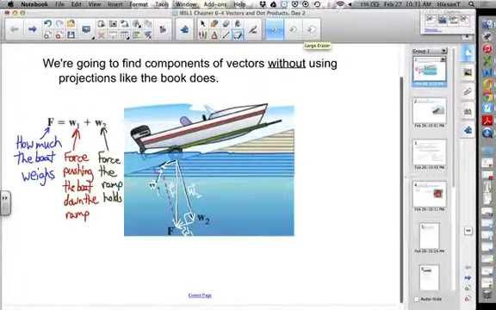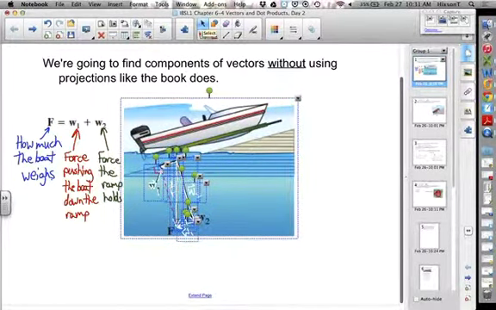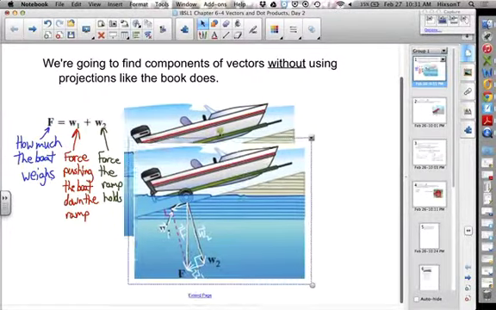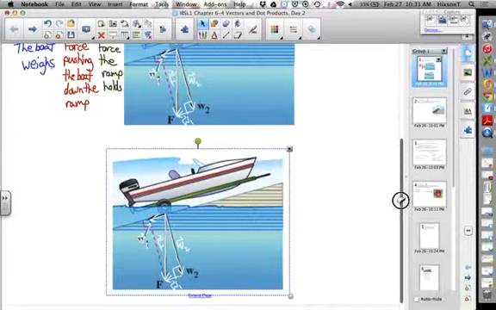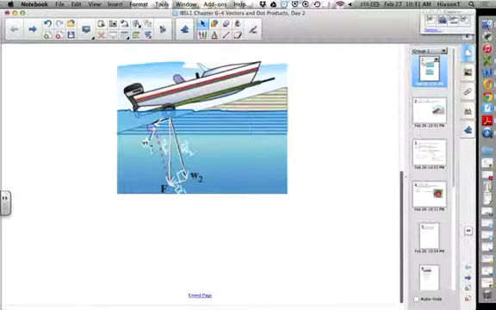I'm going to copy this so I can write on it without messing up the original too much. Let's look at how we figure out the angles. Usually the angle that we're going to know is going to be this one right here. We're going to know the angle that the ramp makes with the horizontal.